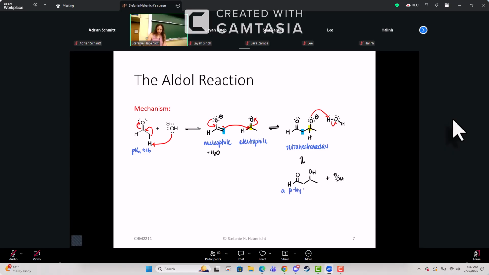So here specifically, we obtain this beta hydroxy aldehyde, which again is the aldol addition product. The beta hydroxyaldehyde is the product of the aldol addition. So all we've done is we've added a nucleophile, which happened to be an enolate anion, to the aldehyde.